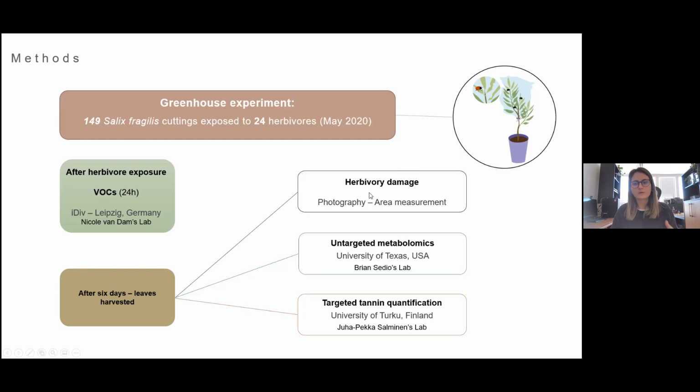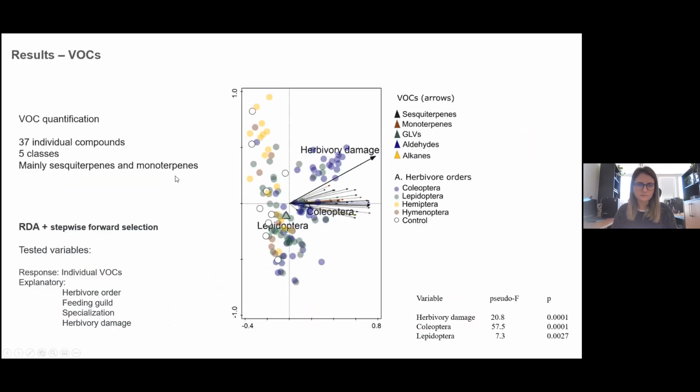And we photograph every sample, every replicate, every plant, and we measure the herbivory damage of each and every leaf inside the bag. And then we took 3 of these leaves and we freeze dry them and homogenize, and we send the leaf tissue both to Texas for metabolomic analysis and to Finland to perform tannin quantification.